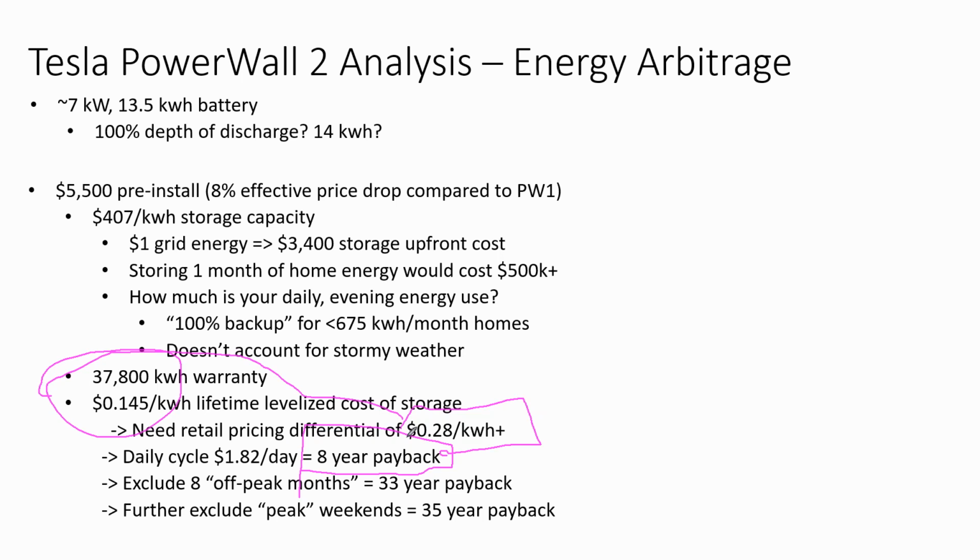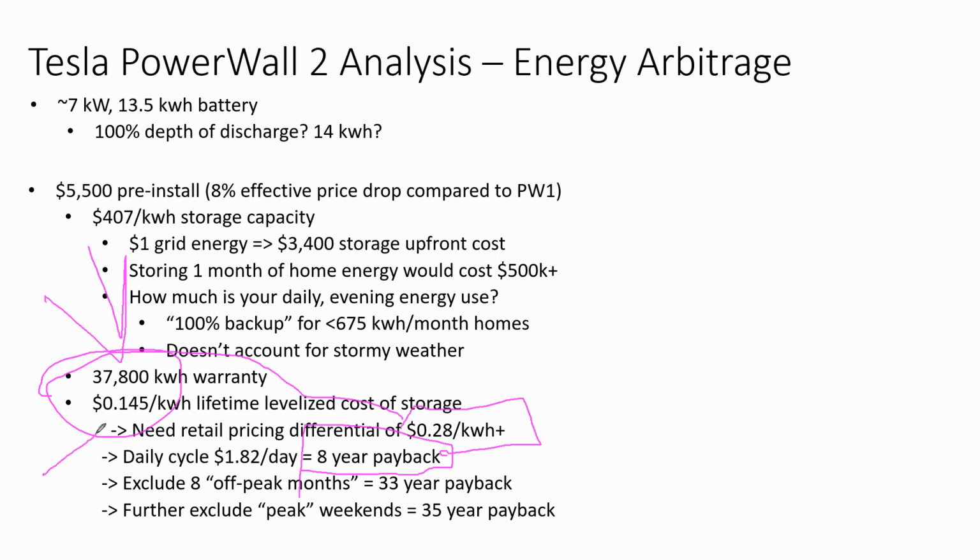In California or Hawaii, the buyback rate in Hawaii is 0 and the retail price might be 50 cents. So absolutely, buying Tesla Powerwalls for energy arbitrage makes sense in Hawaii. In California, the retail rate might be 30 cents during peak times, and the buyback rate might only be 11 cents during peak times.